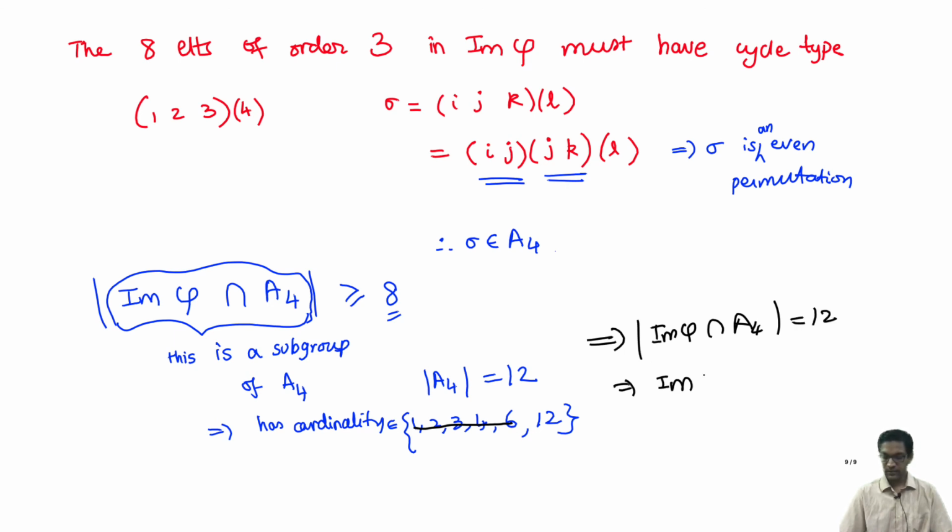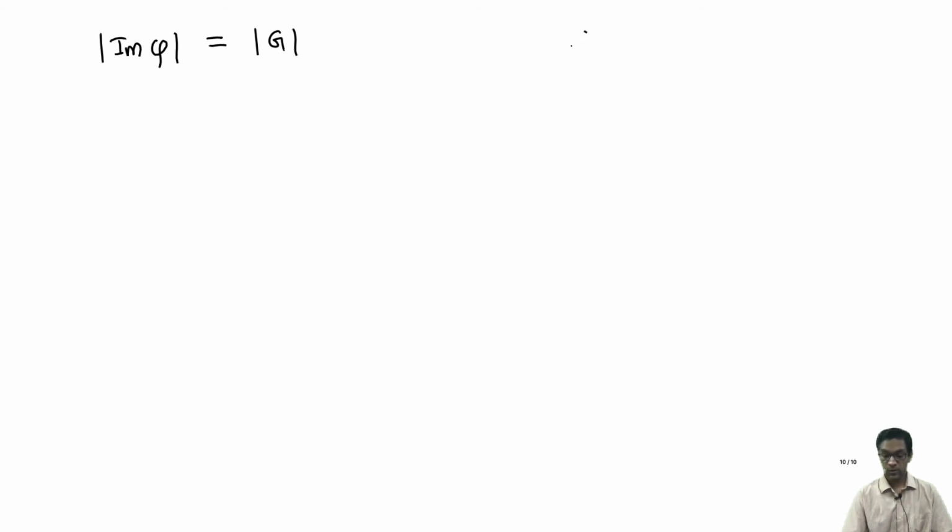Image phi intersect A4 equals A4. Okay, that means that the image contains A4. But recall that the cardinality of the image of phi is the same as the cardinality of the original group G. Because what was this phi?